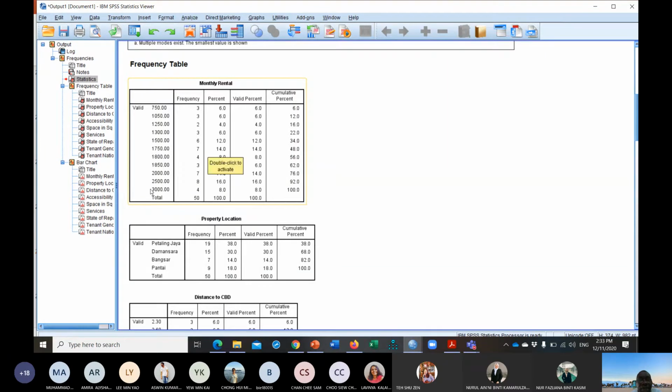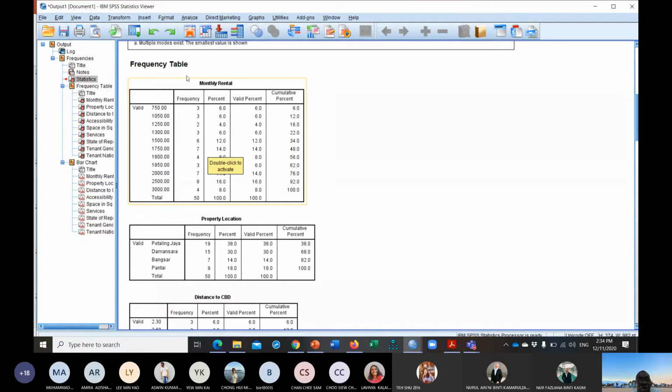For example, you can see our mode is 2,500. So 8 people out of our entries are paying a rent of about 2,500. Some are 2,000. How many people are paying the highest rent? We have 4 people paying the maximum rent of 3,000, and 3 people paying the minimum rent of 750.